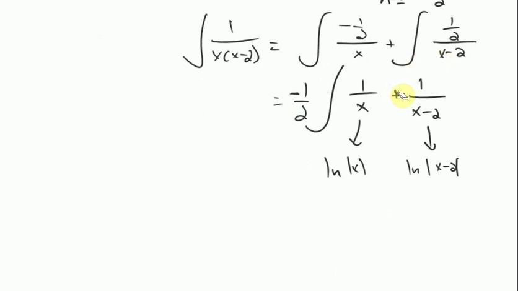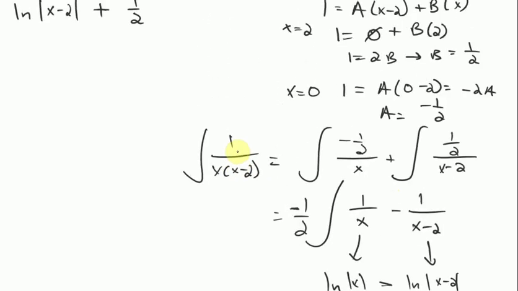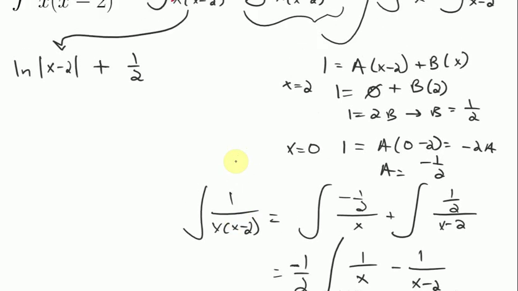So this used to be positive, but now for some reason it's not positive anymore, all because we took out this negative and made it into this negative 1/2 over here. So now it's going to be ln of that minus ln of that, right? Then we can plug that back in, and we get ln x minus ln x minus 2.